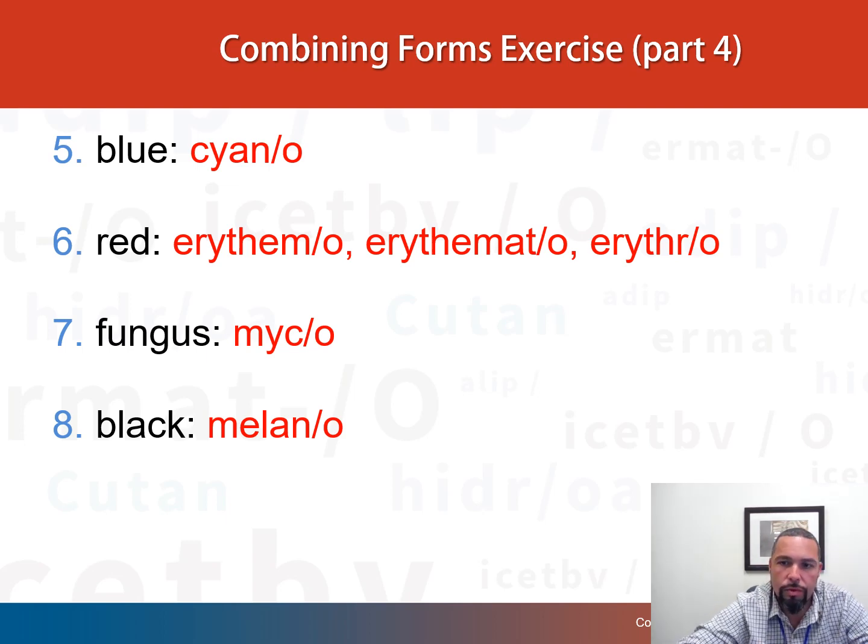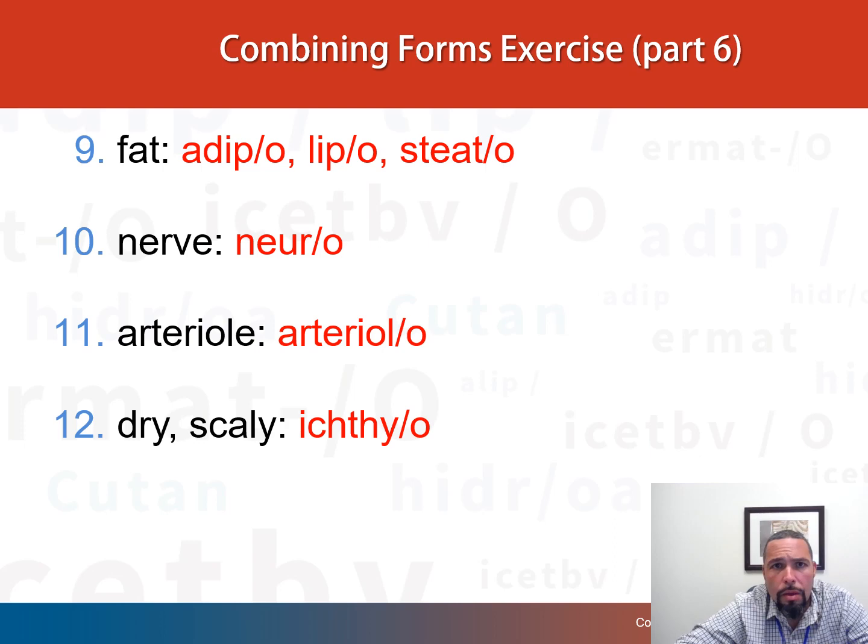We just addressed that. Fat will be adipose or adipose tissue, so adip being the combining form. Nerve, neuro, so neurologist will be doctor of nerves. Arterial, arteriole, dry or scaly, itchy. I don't know. That one's always gotten me.